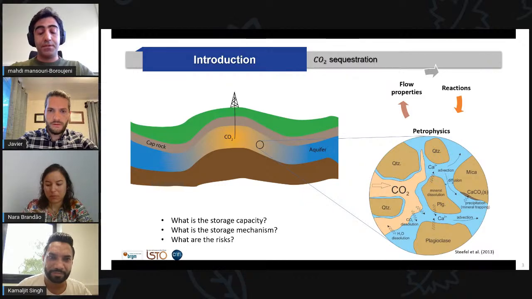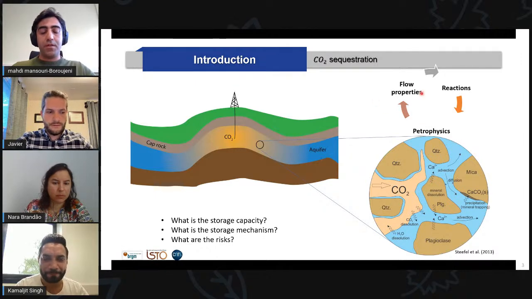This alters the thermodynamic equilibrium that exists in the porous media, and this alteration will trigger a chain of reactions, which might end up with precipitation or dissolution of the sulfates. Petrophysical properties will change, which in turn changes the flow properties. So we're dealing with a highly dynamic system, and both chemistry and the physics of the flow are important. But now we only focus on the physics of the transport.